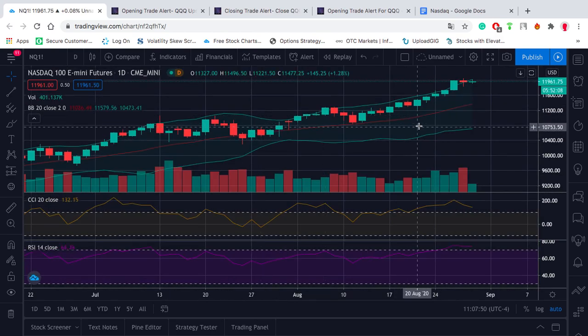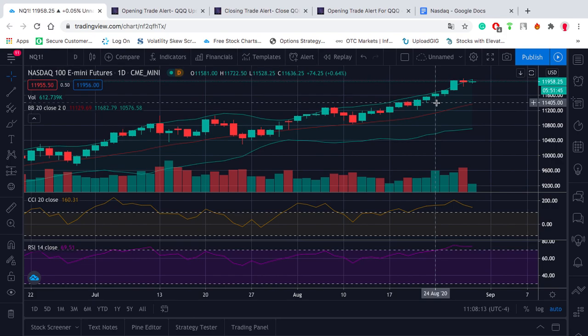So I got in on the 24th of August, so right here. Now, I didn't want to get in right here after this big move up, and then it might just start to turn around, and I might be late into the trade, right? It was bad location. With that said, if you have proper trade structure, you can get in even at a bad location. And so instead, I used a butterfly spread.